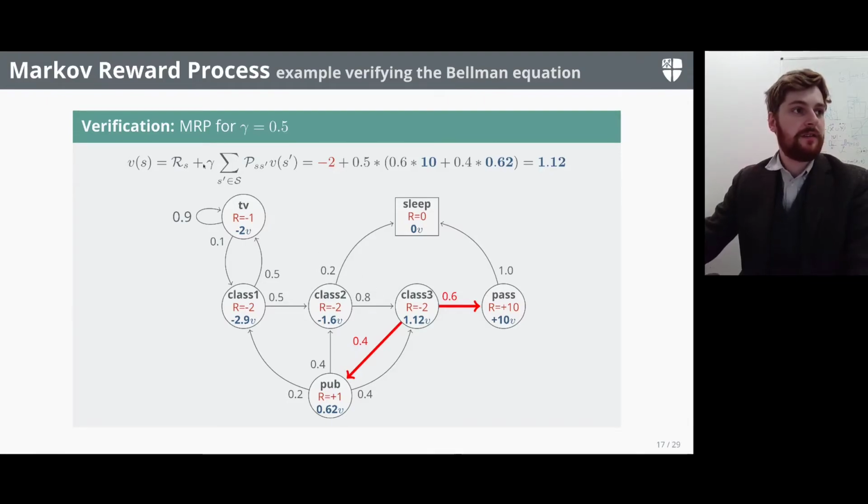we can see just by the definition it's the reward plus the discounted value of summing the state transitions to the next state.